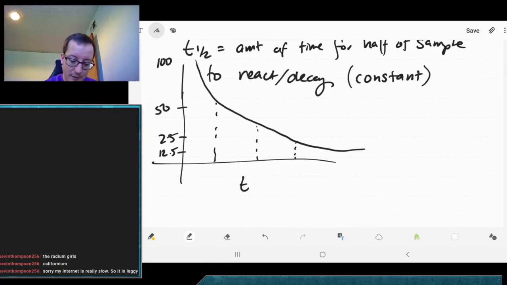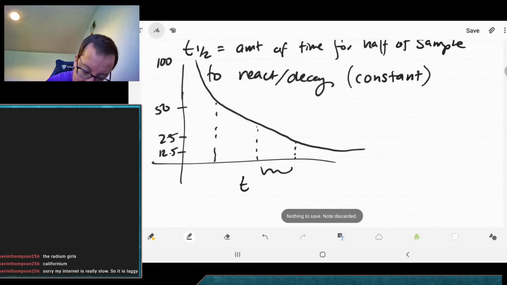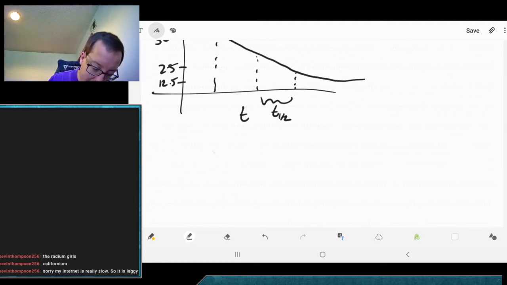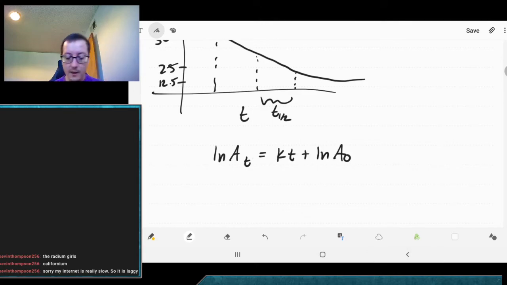So your T half would be, let me do it in this special T. We've talked about this in kinetics, of course. Do we remember the formula for first order kinetics? Of course not. Remember, for first order kinetics, we have the natural log of A at time t equals kt plus ln A0, if I remember correctly.